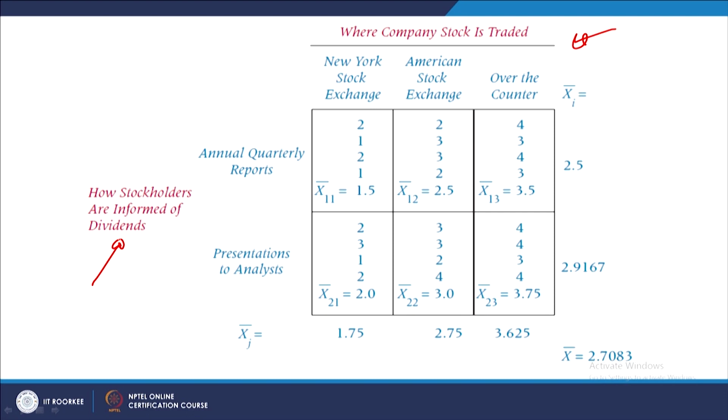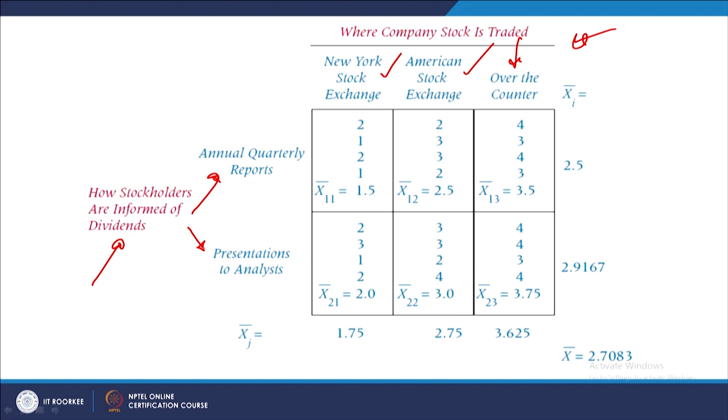So, company can trade stocks in these three stock markets, let us say New York Stock Exchange, American, and over the counter. This is the third one. And here how you are informing stockholders, either through annual or quarterly report or through presentations, right.